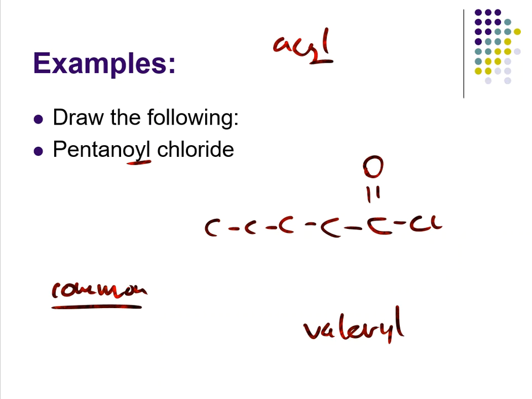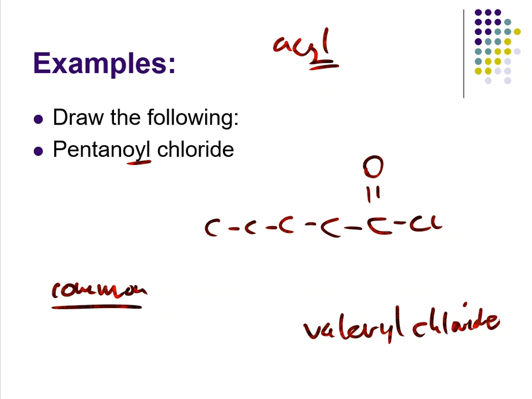Acyl, A-C-Y-L, so YL at the end. So an acyl halide ends in YL just like acyl does. So valeryl chloride is going to be the common name of this structure.